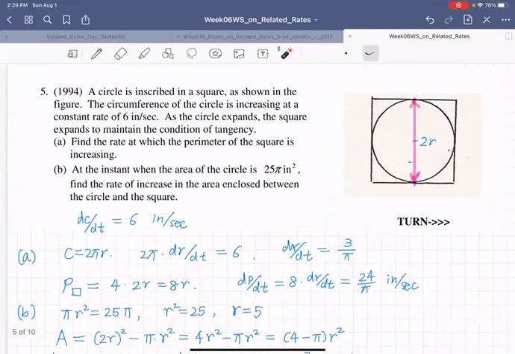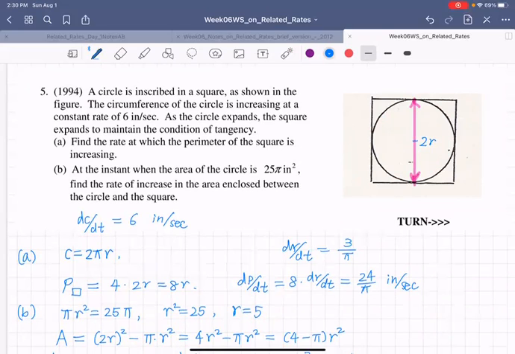The circumference of a circle is given by what? 2 pi r. C is 2 pi r, correct? Let's write the relative rates on both sides, please.